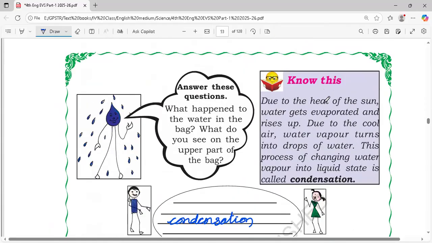Know this. Due to heat of the sun, water gets evaporated and rises up. Due to the cool air, water vapors turn into drops of water. This process of changing water vapor into liquid state is called condensation.